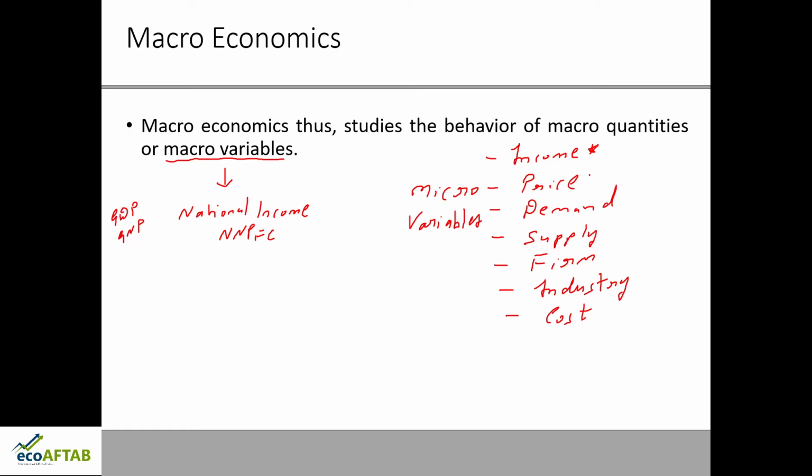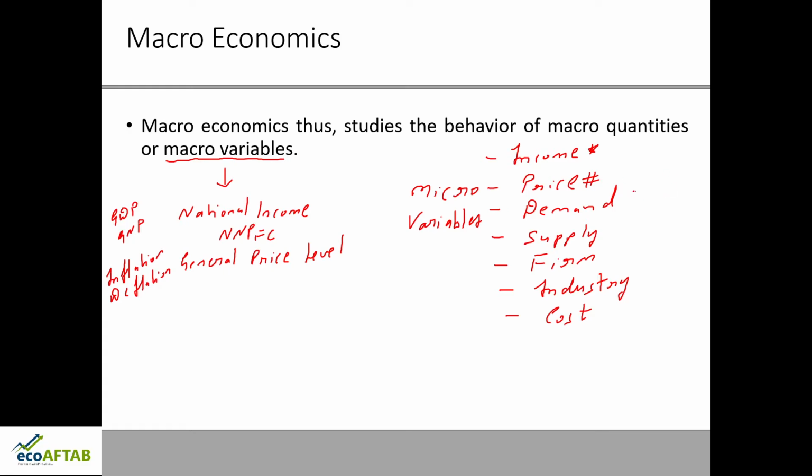When we speak about prices, the overall prices in the country, in the economy, we are speaking about the general price level. And when the topic of general price level comes into the picture, we are speaking about inflation, deflation, and the business cycles, recession and boom.